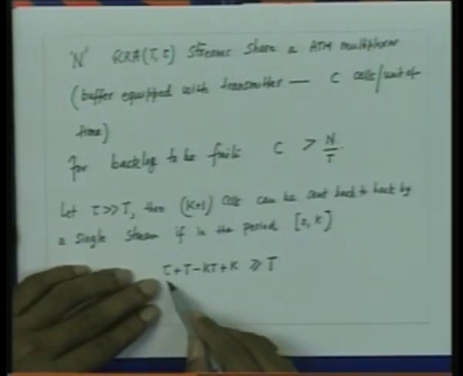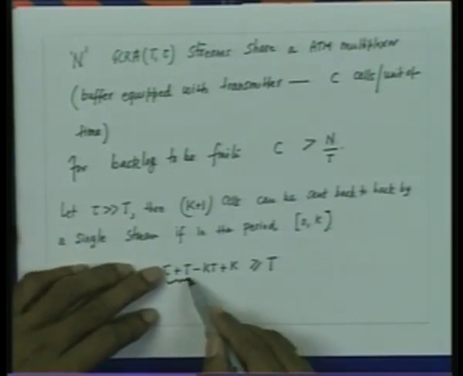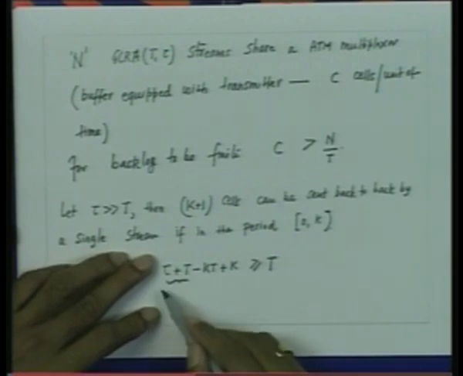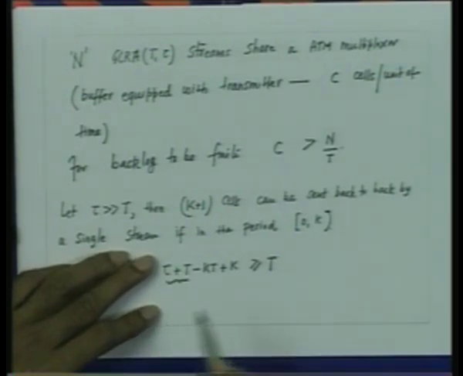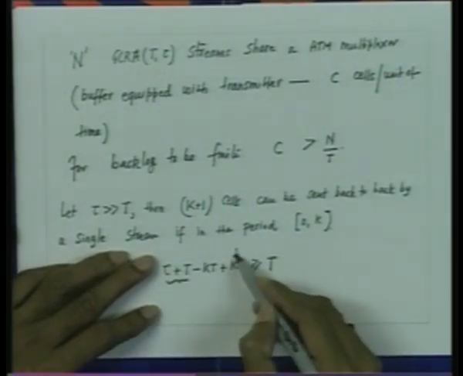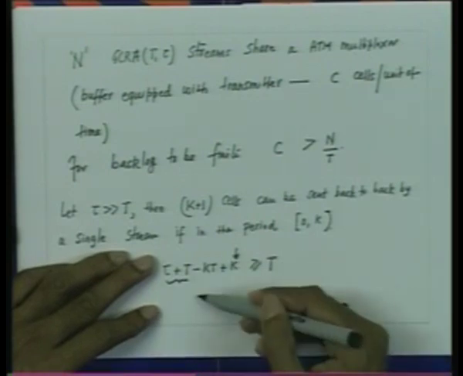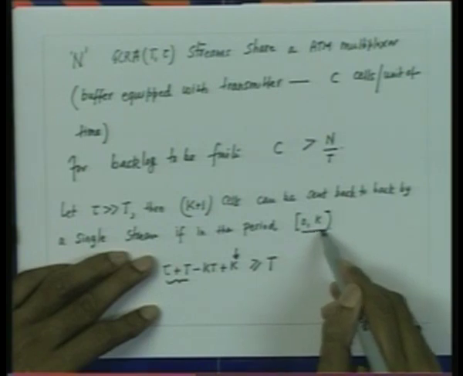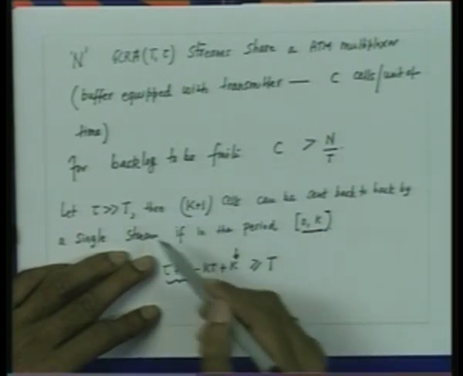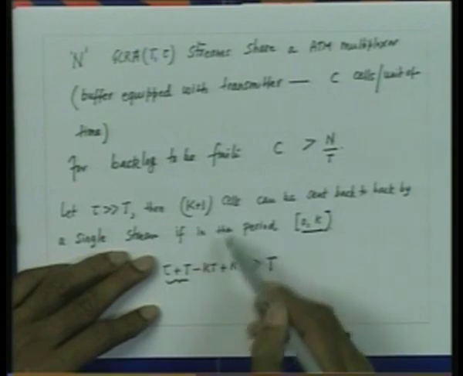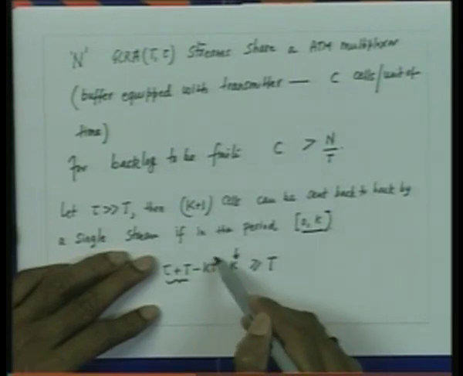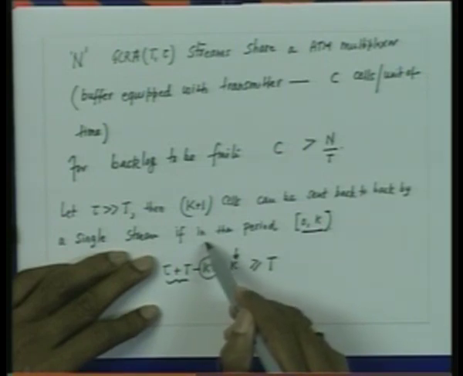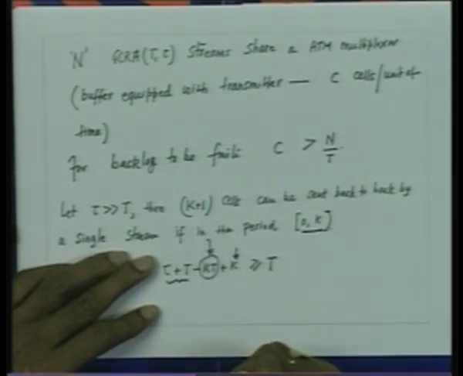Remember, T plus tau was the amount of fluid which was there in the bucket at the beginning, right? Now k amount of fluid entered into the bucket during the time 0 to k, right? Now since k cells have been transmitted, kT amount of fluid would have been decremented, so that is why we have the minus.